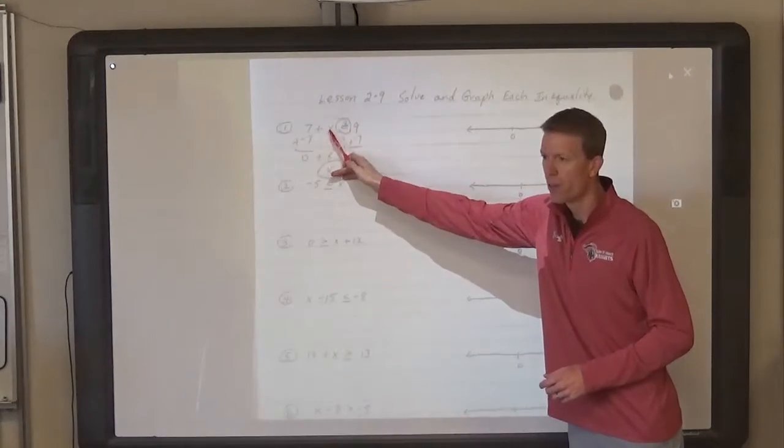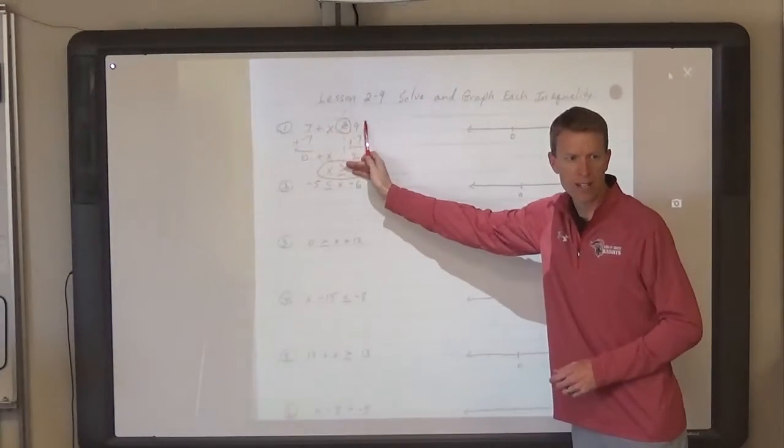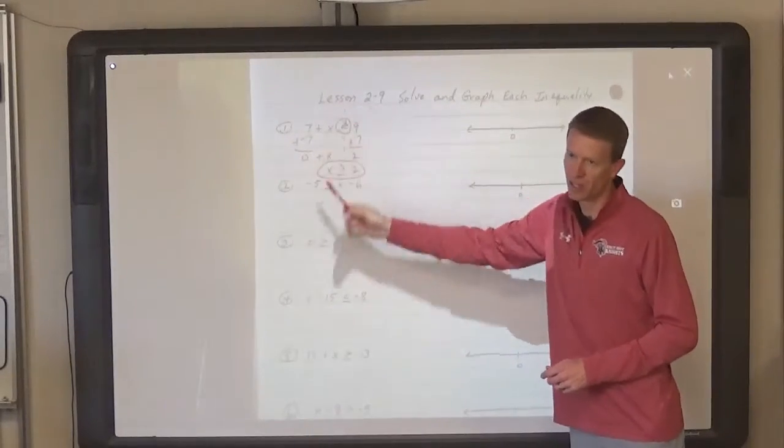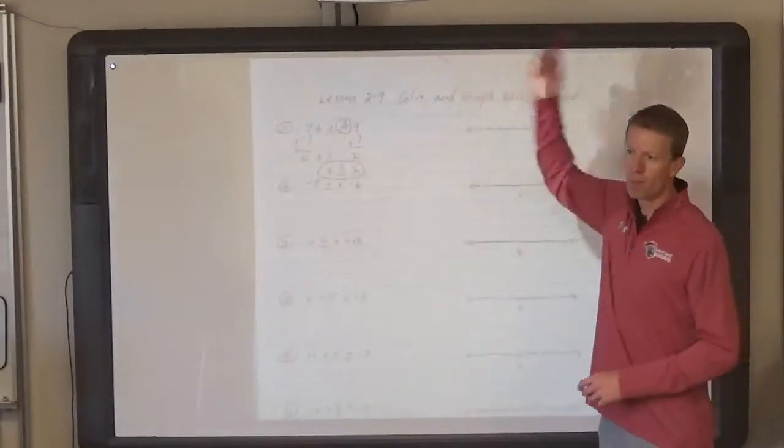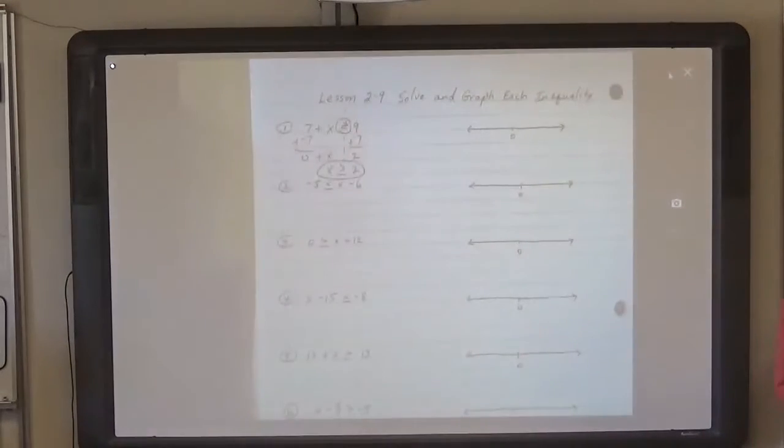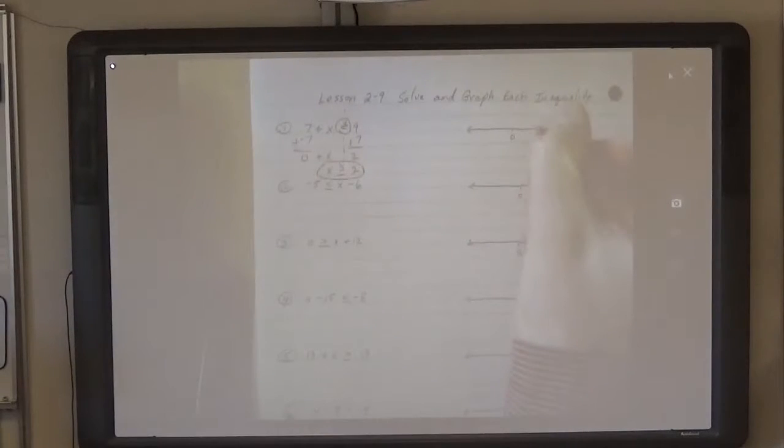But we can also put 3, because 10 is greater than or equal to 9. And 11 is greater than or equal to 9. And every number to infinity that's bigger than 2 is greater than or equal to 9. So that's why we have to graph it. So mark positive 2 with a solid dot, and draw an arrow to the right that shows x is greater than or equal to 2.